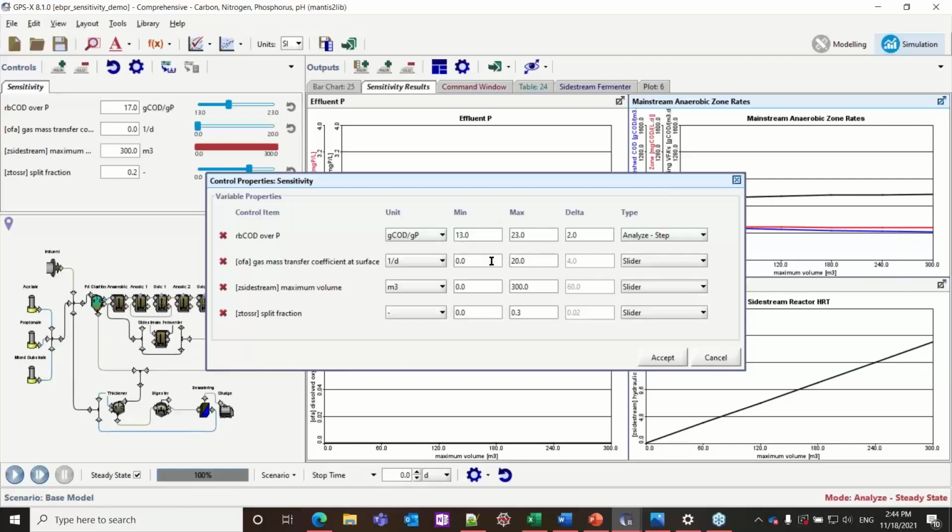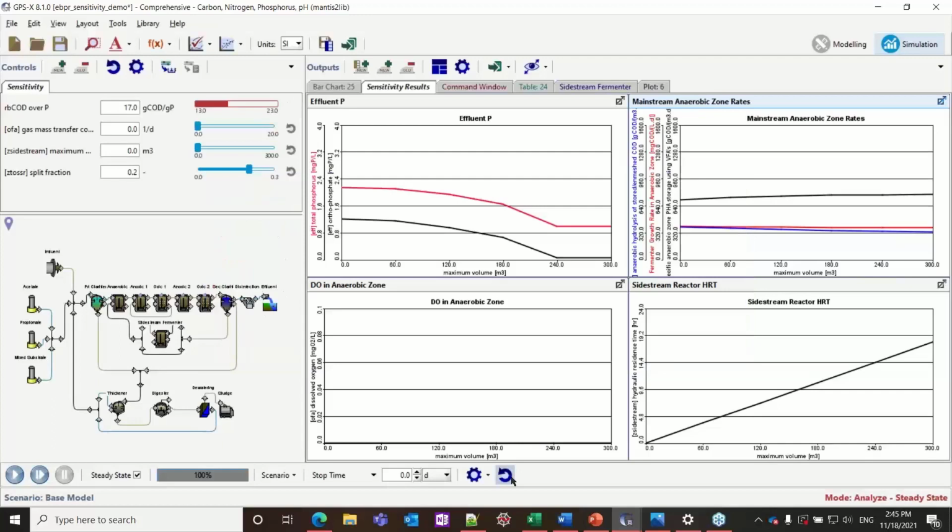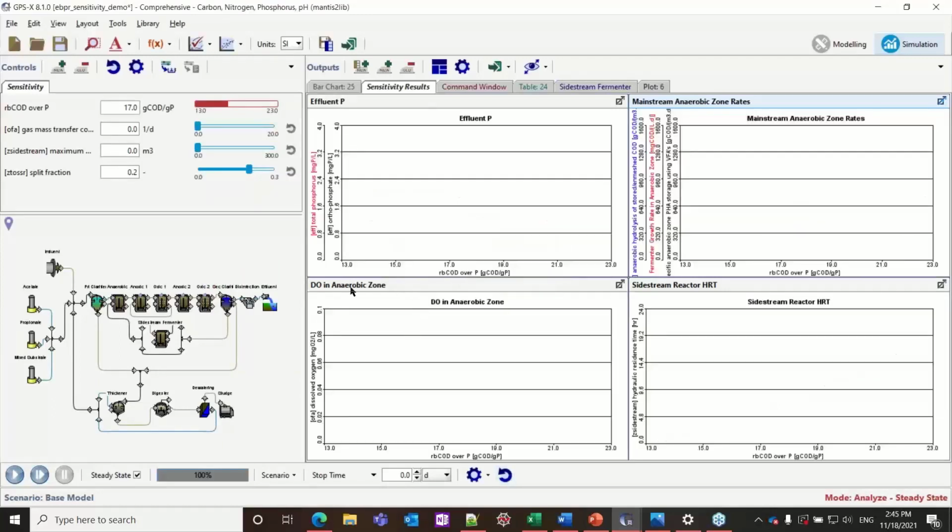This is a pretty wide range, and 13 is a pretty undesirable ratio for BioP, but when we get to 23, it gets into the more reasonable range where we expect BioP to happen. The way that we're going to be increasing the ratio is just using a mixture of acetate and propionate.